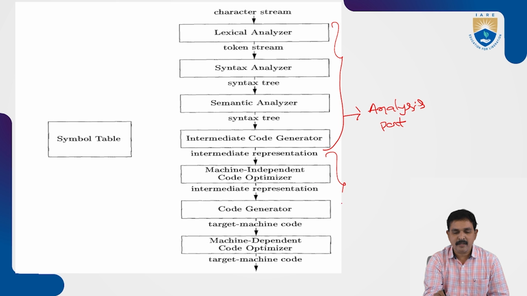The synthesis part includes code optimization, which may be machine dependent code optimization. You will get the ideas in the coming classes about what machine dependent code optimization is, and also the code generator. So these three come under the synthesis part.